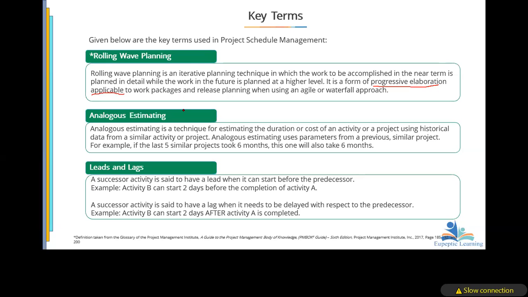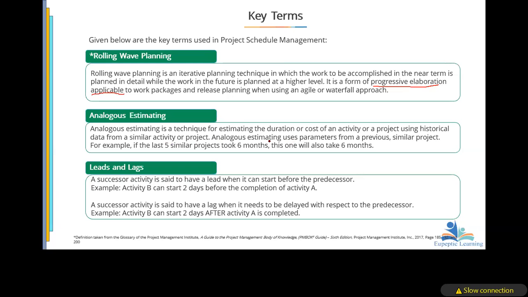Now let's look at, so we've talked about analogous estimation. Analogous estimation is a technique for estimating the duration or cost of an activity or a project using what? Historical data from a similar activity or project.